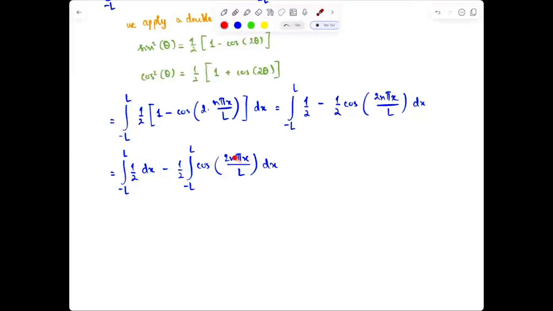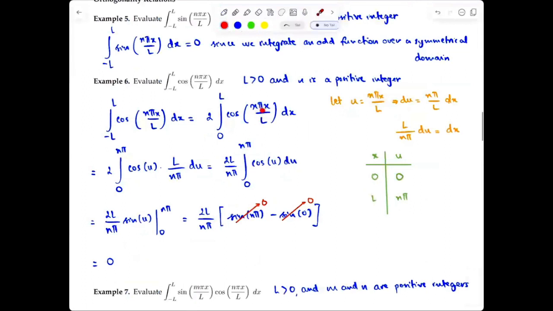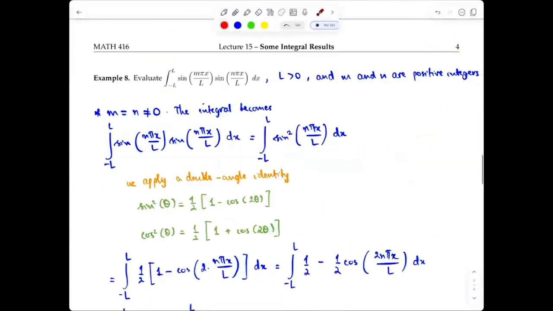This integral, the integral of cosine of 2n pi x over L, you can use substitution to reduce the angle, or you can just follow the similar example that we did in example 6 to find the antiderivative of cosine.